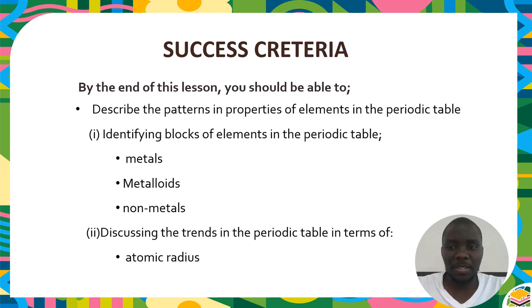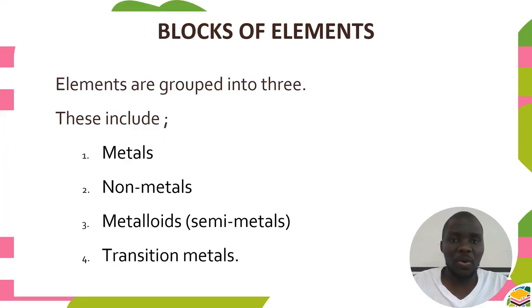So let us start by looking at blocks of elements in the periodic table. As I already alluded in the previous slide, we have blocks of elements in the periodic table. So in details, which ones are the blocks of elements?